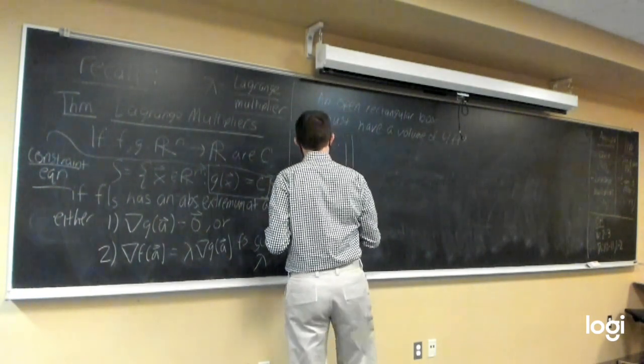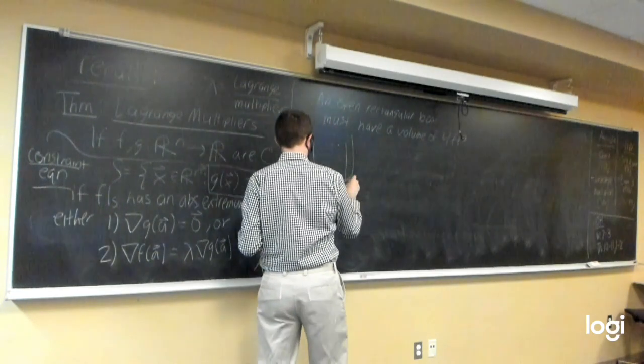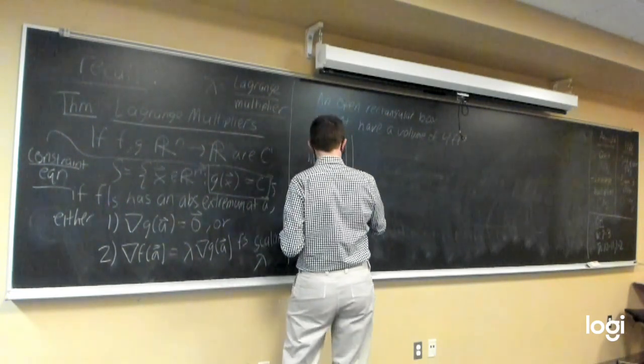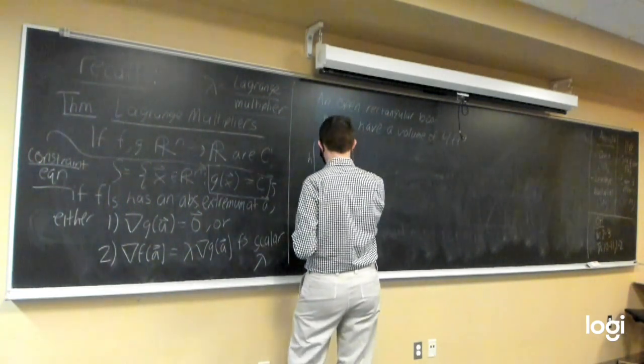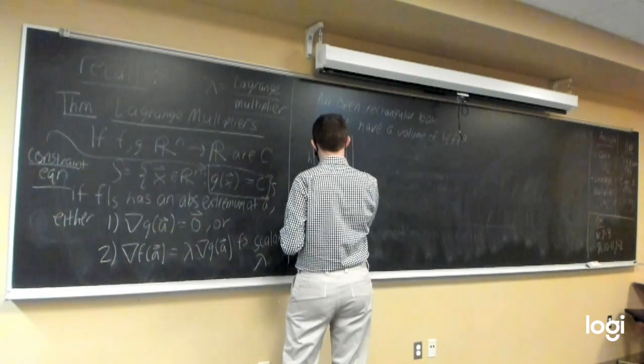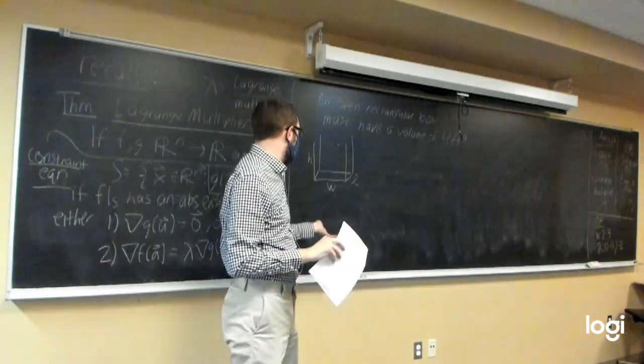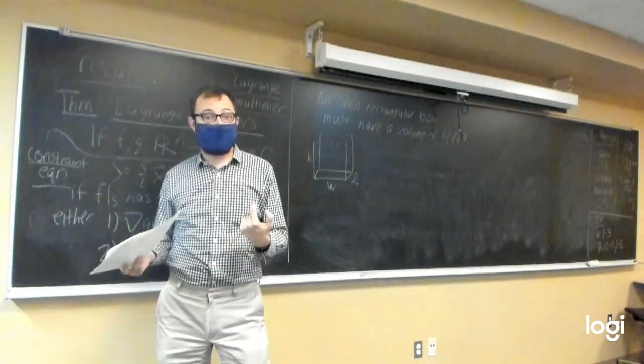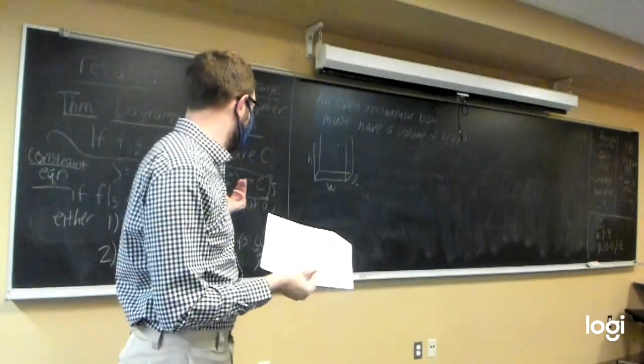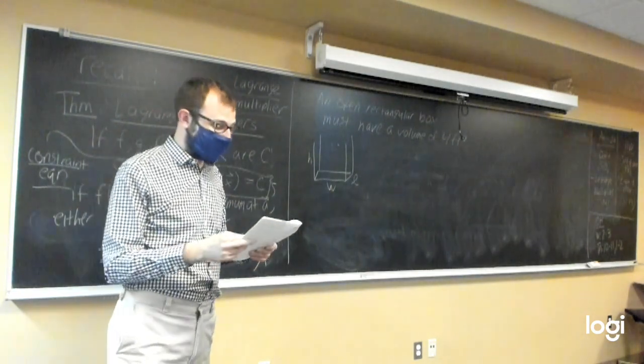But we have a rectangular box. I'm going to call its height h, its width w, and its length l. And we want to force that this box has to have a volume of 4 cubic feet.